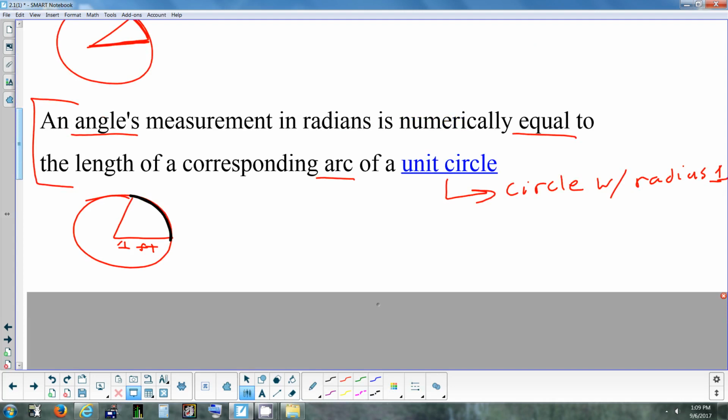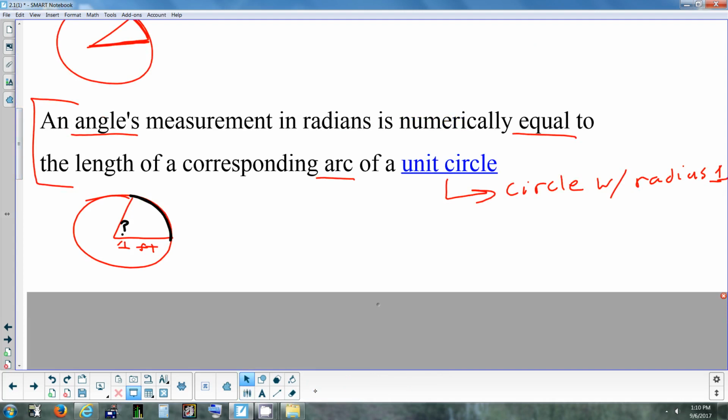And then I say, all right, I want the other half of you to take a protractor and measure that angle. You would all get the same answer. If it's a unit circle, whether you measure the length of the arc or you measure the size of an angle with like a protractor, you're each going to get the same answers. Okay? That only happens if your circle has a radius of 1. Okay, so that's an important connection. Arc size and angle size are exactly the same on a unit circle.